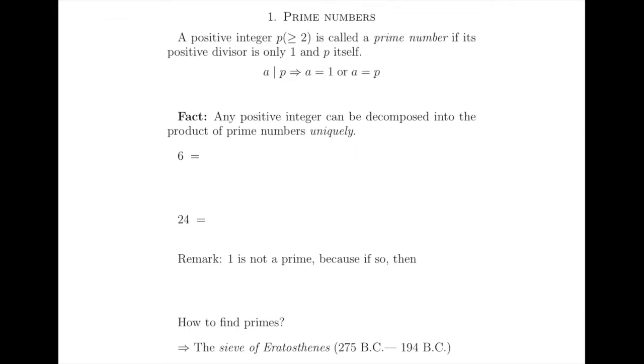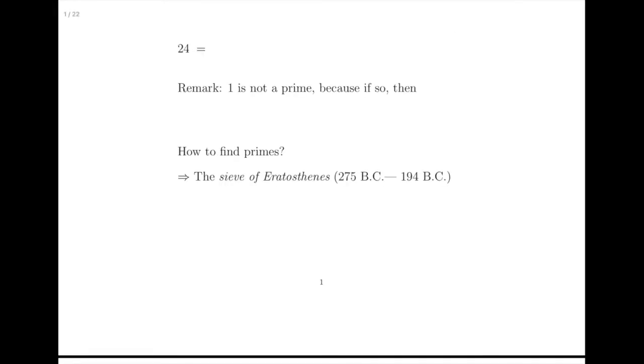And now we are talking about how to find prime numbers. The method of finding prime numbers up to some given number was already known in ancient Greek days, discovered by the ancient mathematician Eratosthenes. And this is also something all of you know, I think.